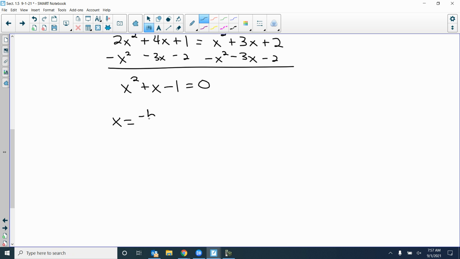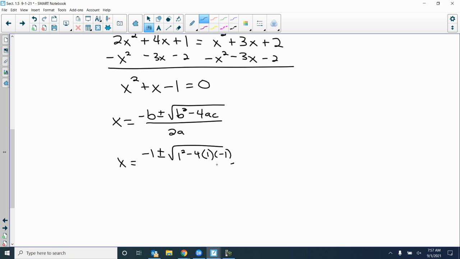We got x equals negative b plus or minus square root of b squared minus 4ac all over 2a. Opposite of b, b's 1, so it's going to be negative 1 plus or minus, what do I get there? 1 squared minus 4 times 1 times negative 1, all over 2 times 1, which is 2.